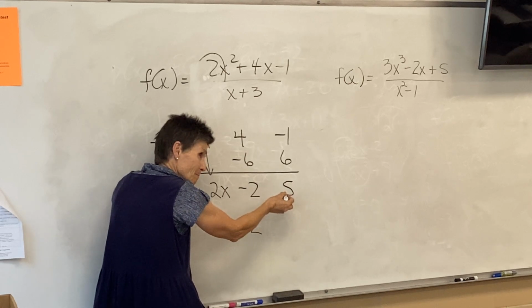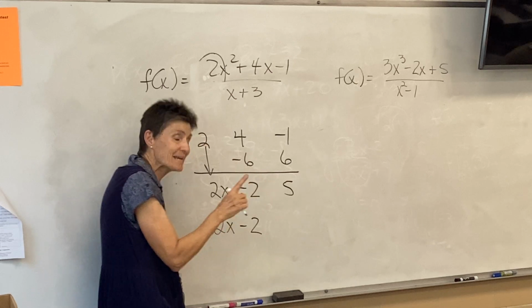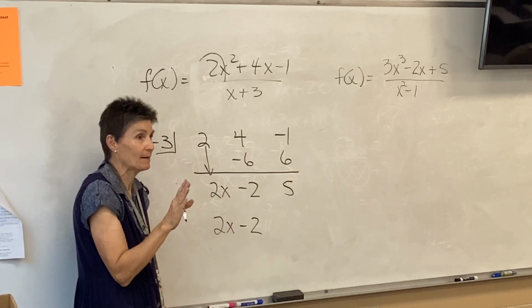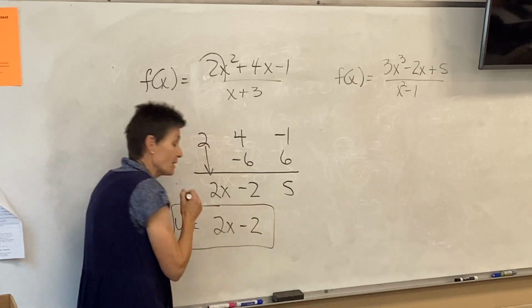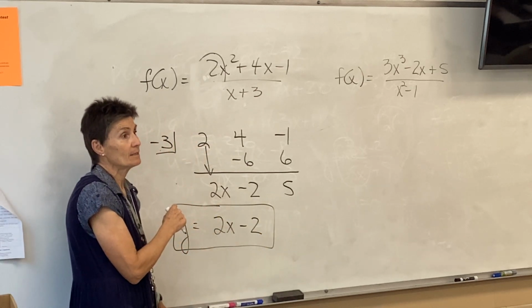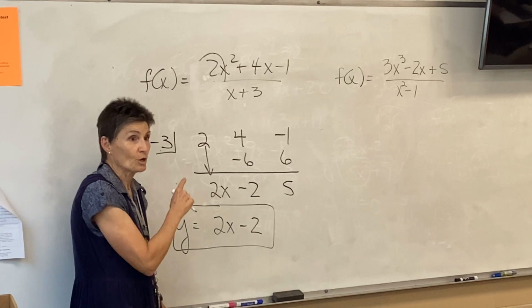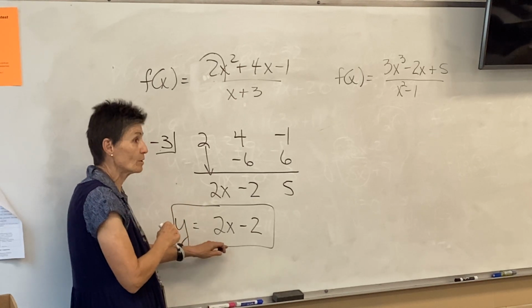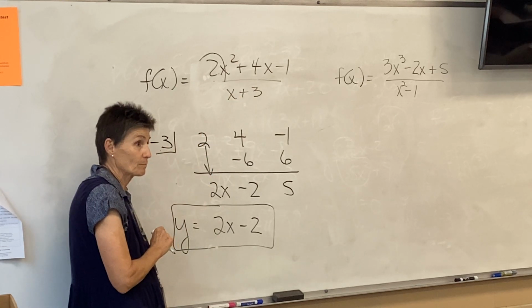What's that? 5 over x. The remainder. That's the remainder. And in slant asymptote land, we don't care about that. All we care about is this right here. That line is your slant asymptote. So the curve is going to get closer and closer to that line as it goes off the page.